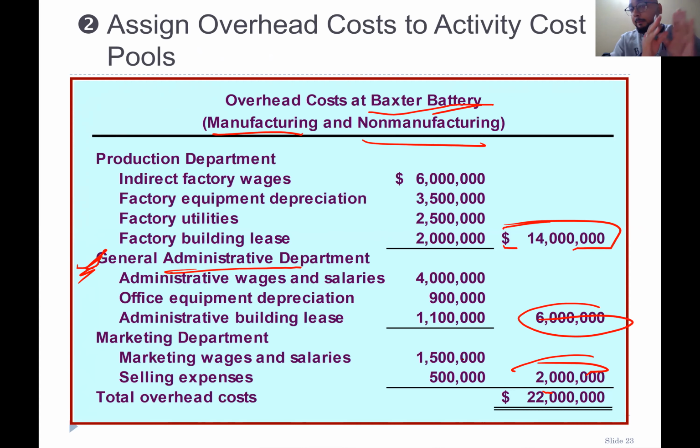Both manufacturing and non-manufacturing costs are treated as product cost. The second difference we learned is that the majority of the product cost under ABC comes from manufacturing overhead, and some comes from non-manufacturing sources. So let's talk about that.